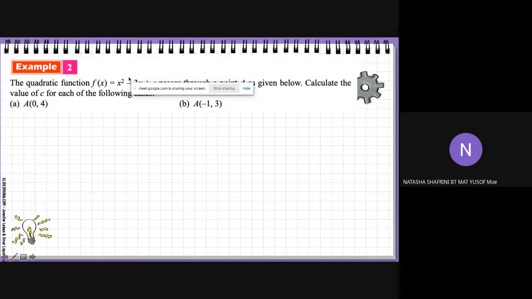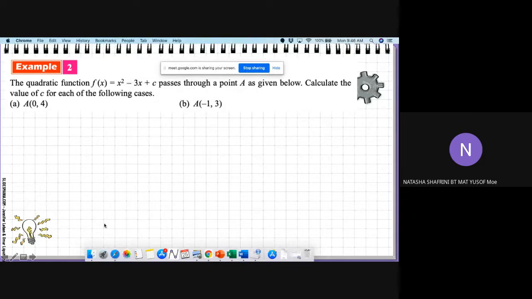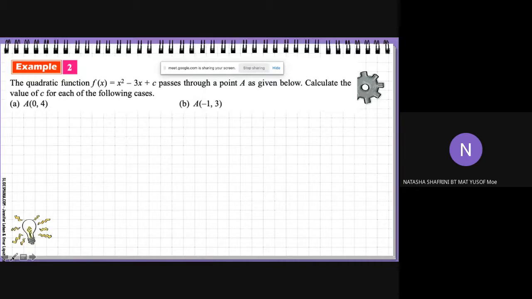Okay, now the quadratic function fx equal to x square minus 3x plus c passes through the point A as given below. Calculate the value of c for each of the following cases. Okay, here your value of x, this is the value of y. So the given function fx equal to x square minus 3x plus c.